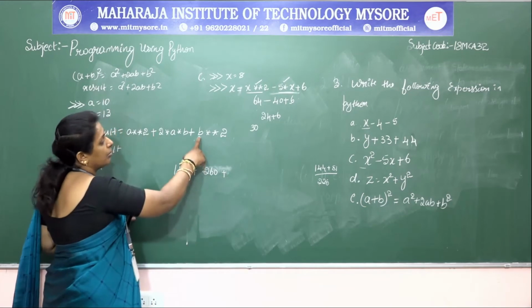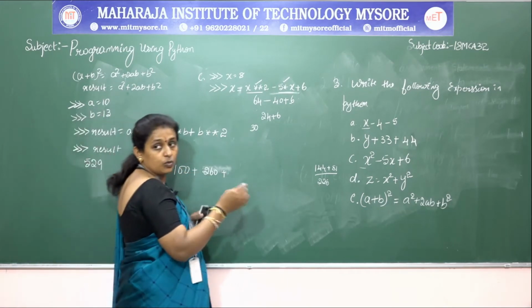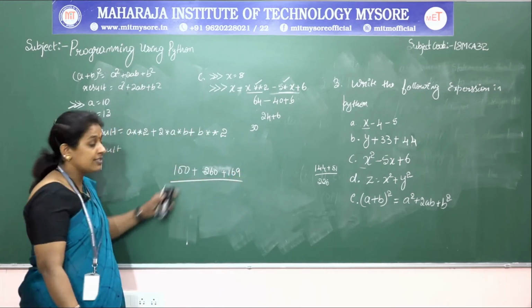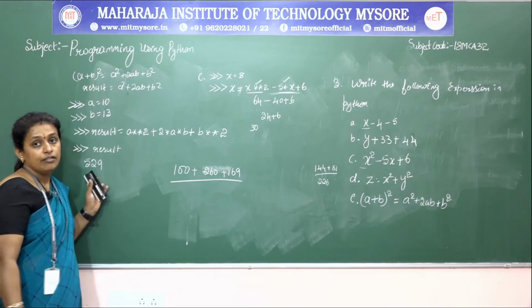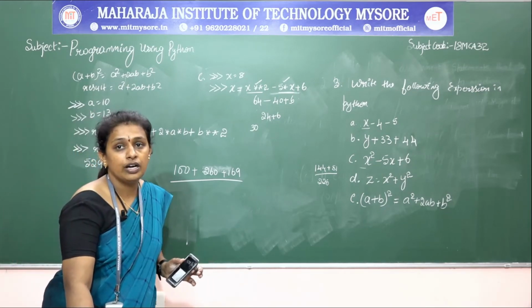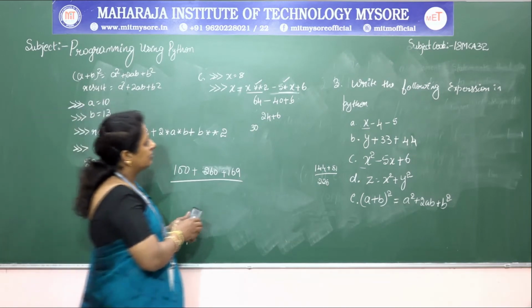After that, b exponential 2, with respect to 13, gives 169. When I add these numbers, I get the output as 529. This is how we write the expression in Python.